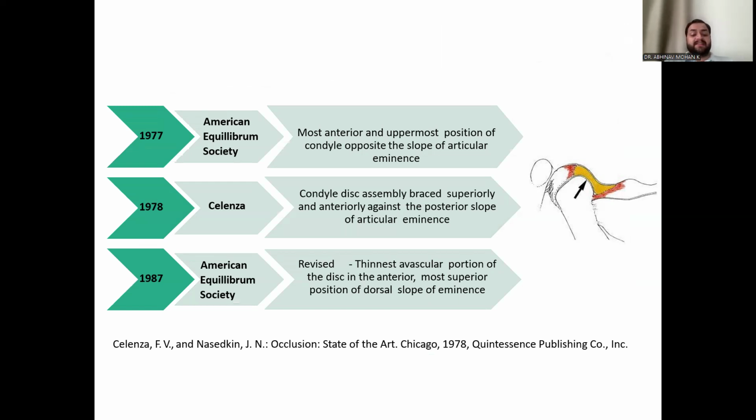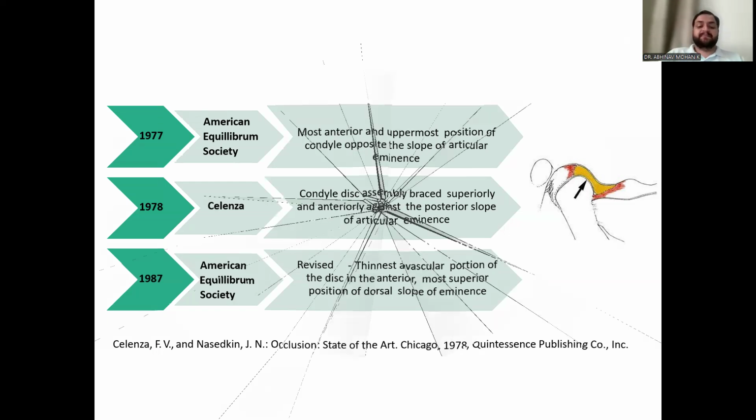And finally, in 1987, exactly 10 years later, the American Equilibration Society revised its initial definition as the thinnest avascular portion of the disc in the anterior, most superior position against the dorsal slope of the eminence. So by now, we have already seen almost six definitions conveying the change in position of centric relation over the years of research.